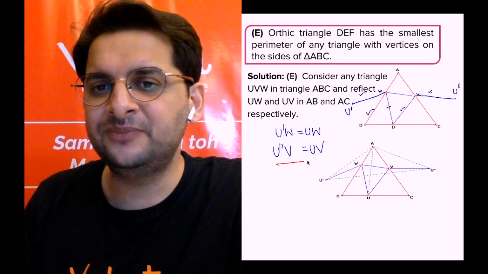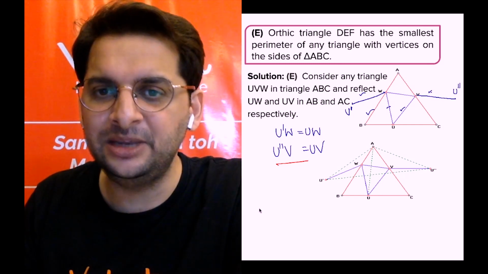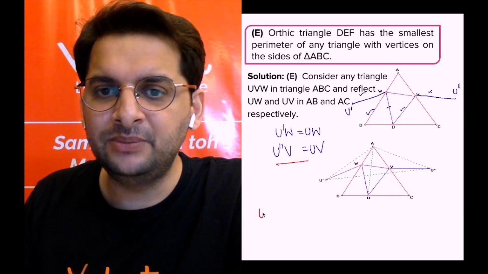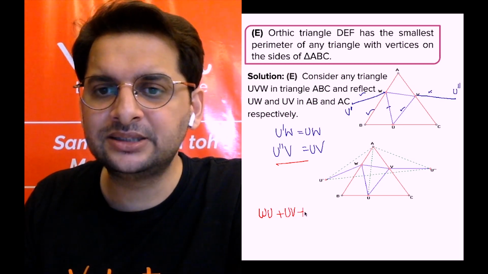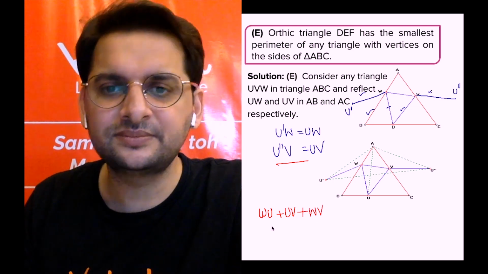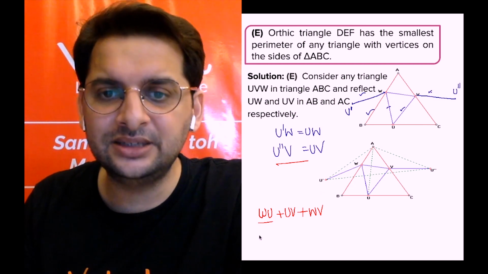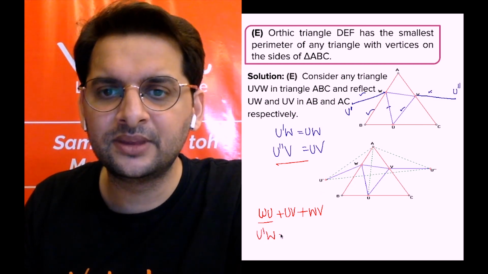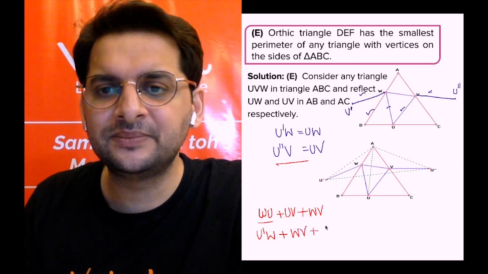Now, I need to find the perimeter. So what is the expression of the perimeter of the original triangle? It will be WU plus UV plus WV. Now, can I write WU? WU can be written as U dash W. WV will be as it is.